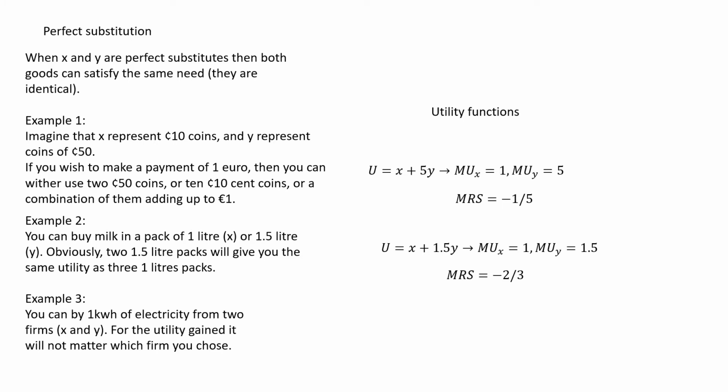A third example could be when the very same good can be bought from different suppliers. For example, 1 kilowatt hour of electricity is going to give you the same utility independently of whether you buy it from firm X or Y. In this case, therefore, the utility function is simply U equals X plus Y, where the marginal utility of both goods is 1, so the MRS must be minus 1, so the indifference line is just a minus 1 sloped line.